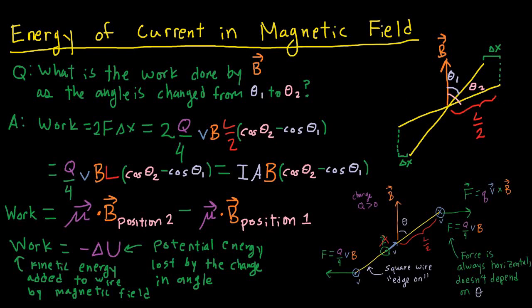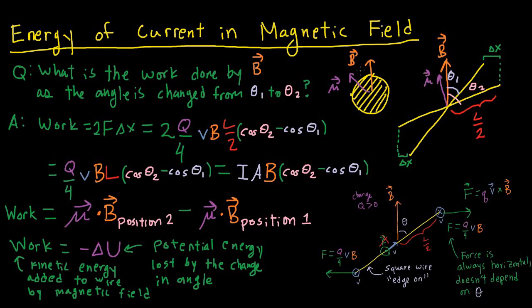Now, you might be saying, well, wait a second. Earlier, when we had a charged spinning sphere placed in an external magnetic field, which had a magnetic moment vector mu, this magnetic moment vector did not swing back and forth like a pendulum, right? So here, this would be our magnetic moment vector in this diagram.